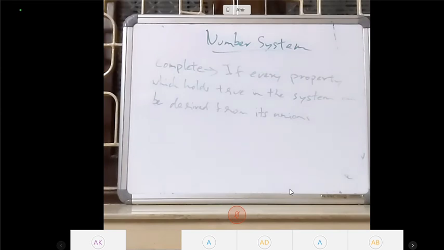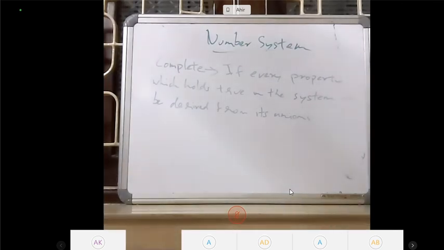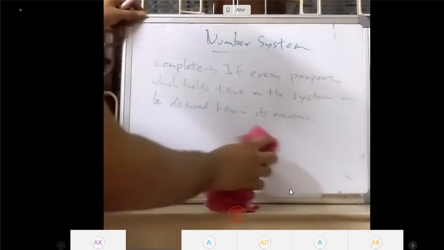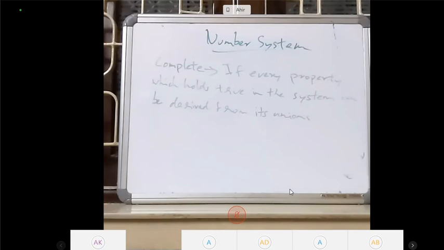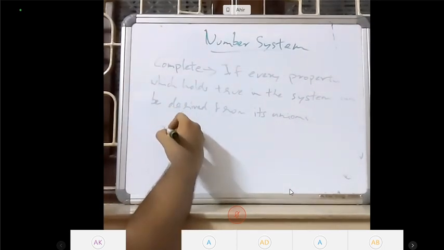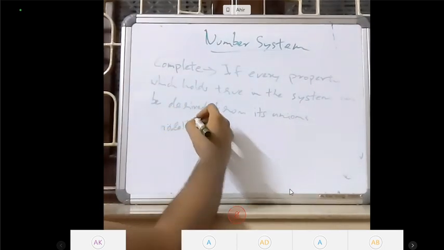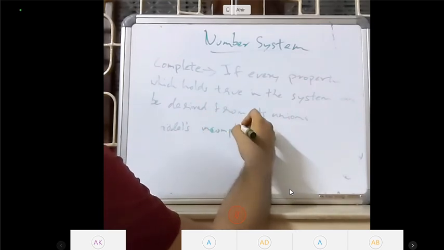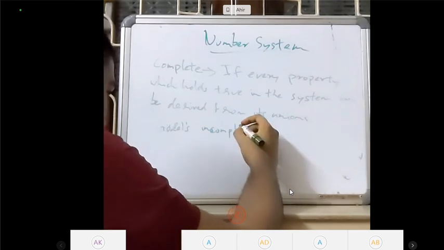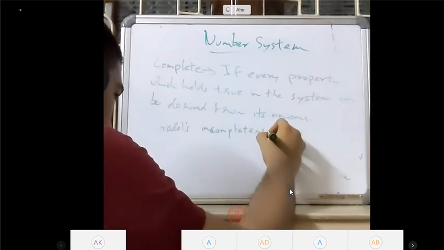Now, this Austro-Hungarian guy called Kurt Gödel, in 1931, he came up with this theory. I'll write this below. So he came up with this theory, which is known as Gödel's incompleteness theorem.